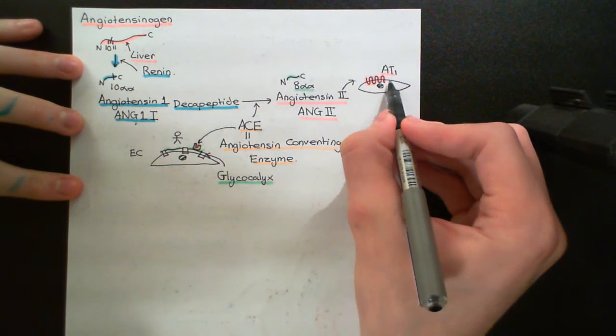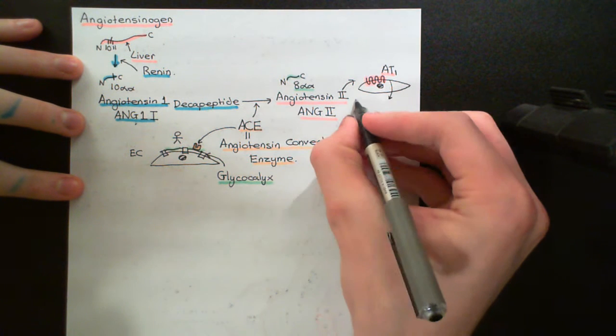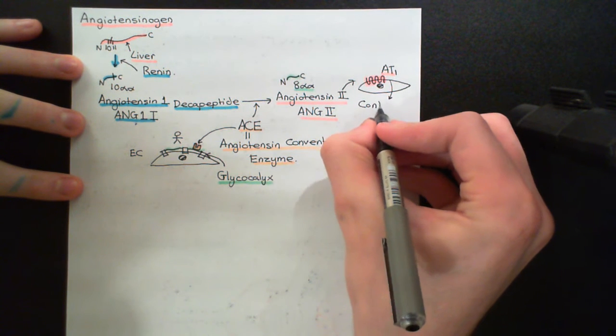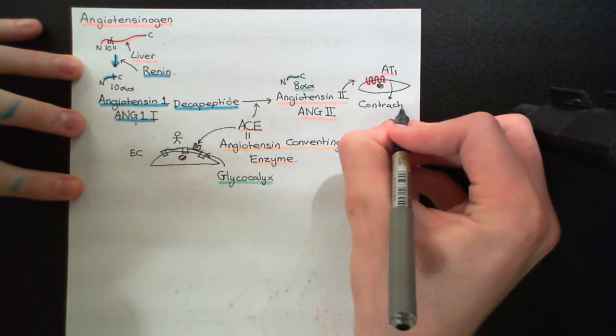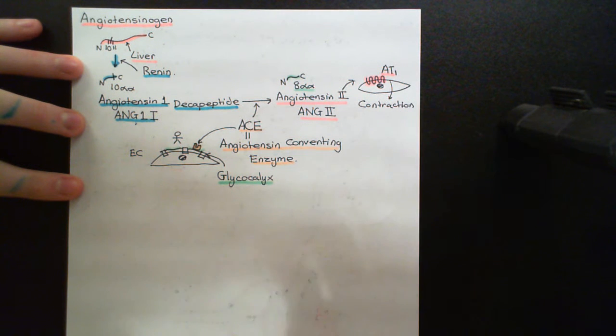So the higher the activation of the AT1 receptors, the higher the contraction of these vascular smooth muscle cells, and therefore the greater the constriction of blood vessels. So angiotensin 2 causes contraction of vascular smooth muscle cells.